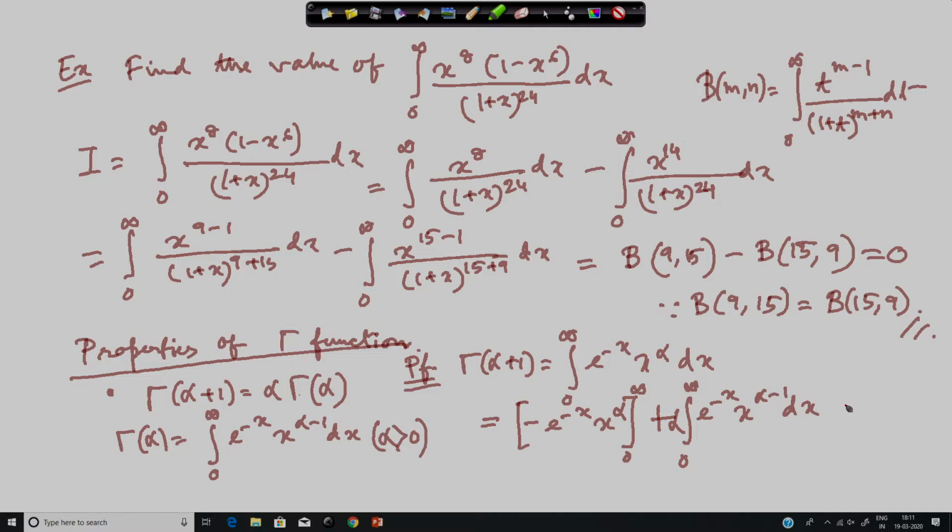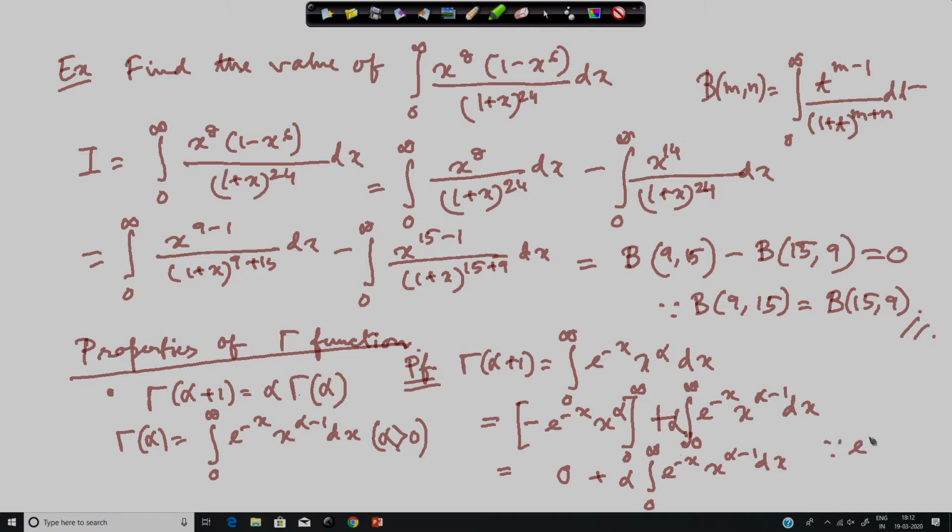So, now you see, as you apply x tends to infinity, e to the power minus x goes to 0, and when you apply x tends to 0, x to the power alpha goes to 0 because alpha is greater than 0. So, this term is 0 plus alpha times the integral from 0 to infinity of e to the power minus x, x to the power alpha minus 1 dx.